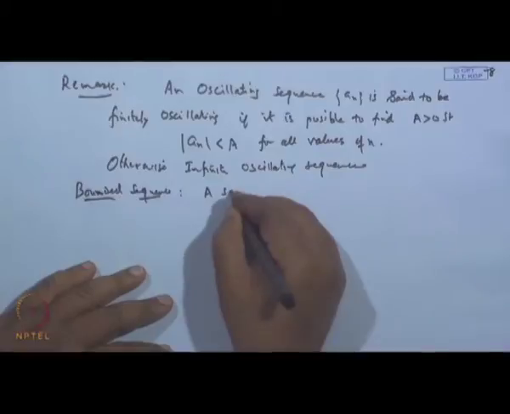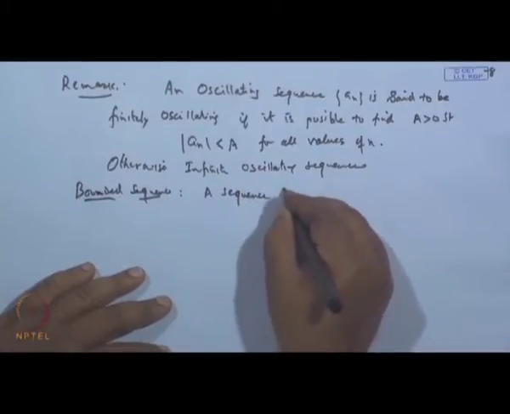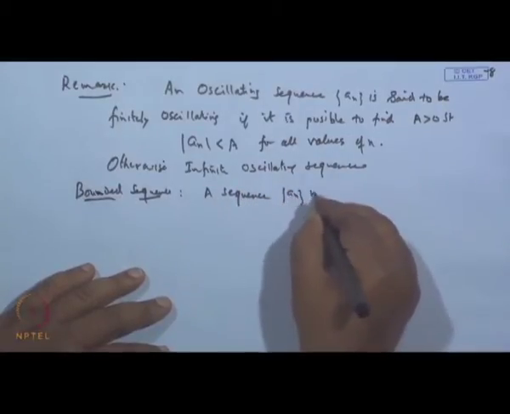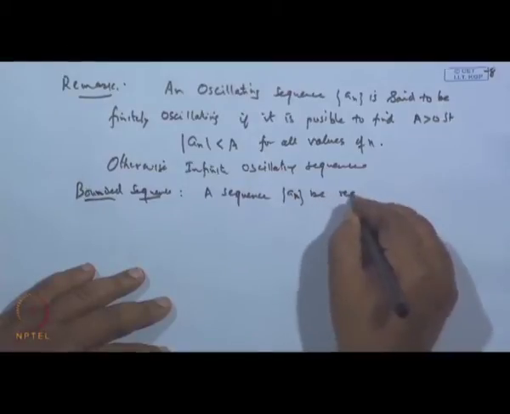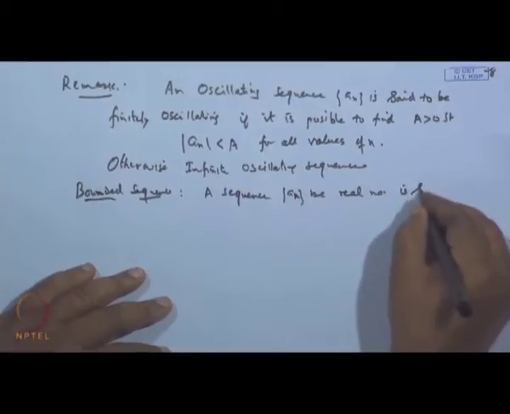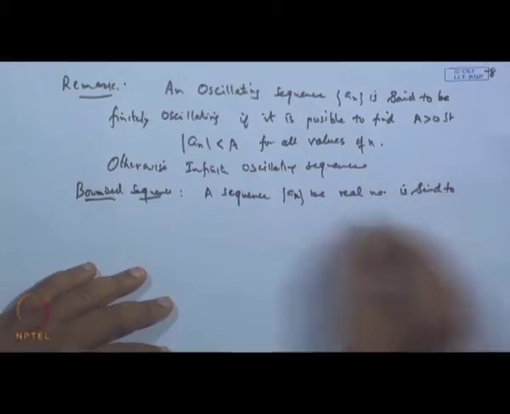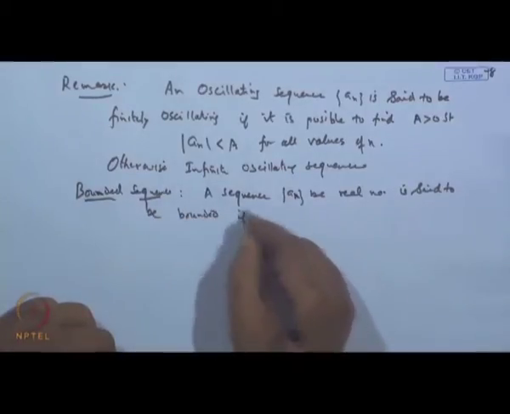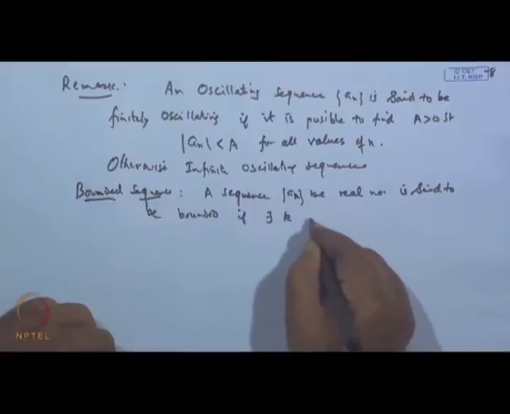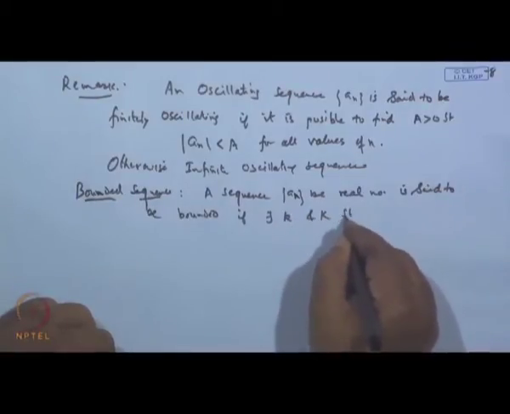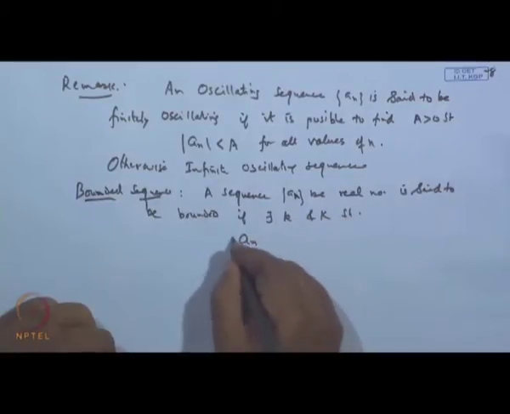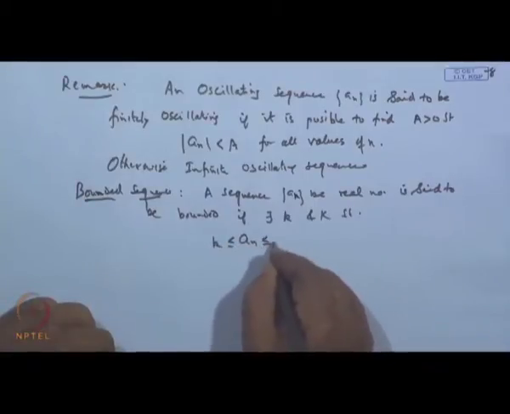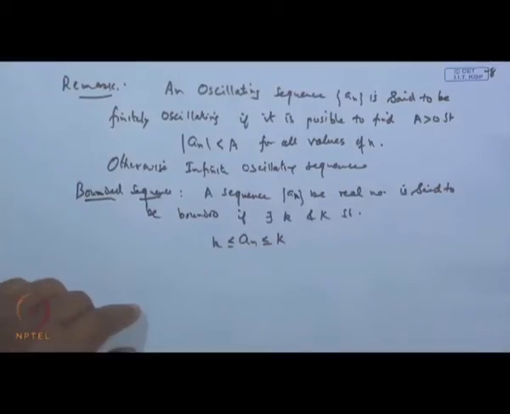A sequence A n of real numbers is said to be bounded if there exist small k and capital K such that small k is less than or equal to A n, which is less than or equal to capital K.